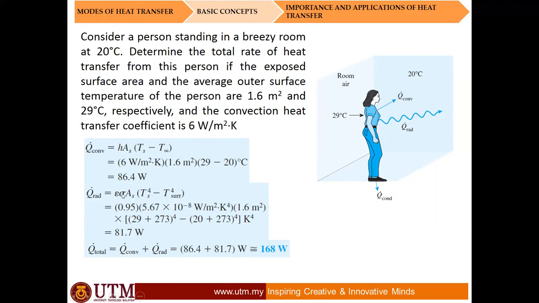You have the emissivity of the body, sigma, which is the Stefan-Boltzmann constant, surface area, the temperature of the surface of the body, and the surroundings. Because the heat transfer occurs simultaneously for convection and radiation, the total heat transfer will be convection plus radiation. So you have 168 watts.